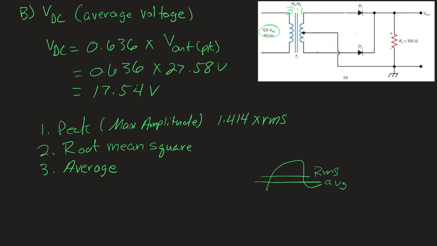So the root mean square voltage is going to be 0.707 times your peak voltage. And then the average voltage, as we just calculated, is going to be 0.636 times your peak. Okay.